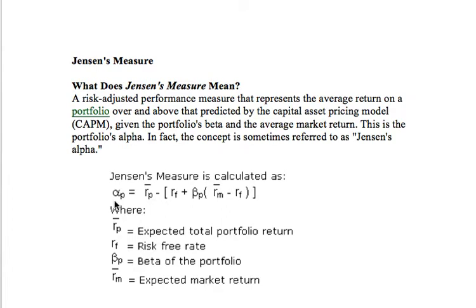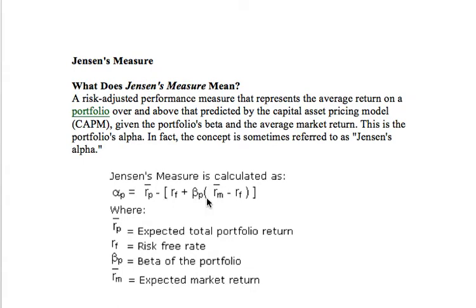So the Jensen Alpha will be equal to the actual, the expected total portfolio return. That could be from my stock, or from a portfolio, mutual fund, or whatever it would be that I have.